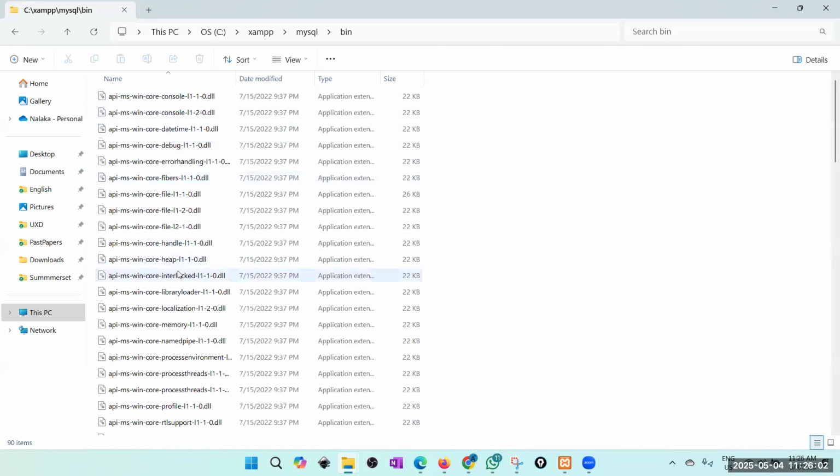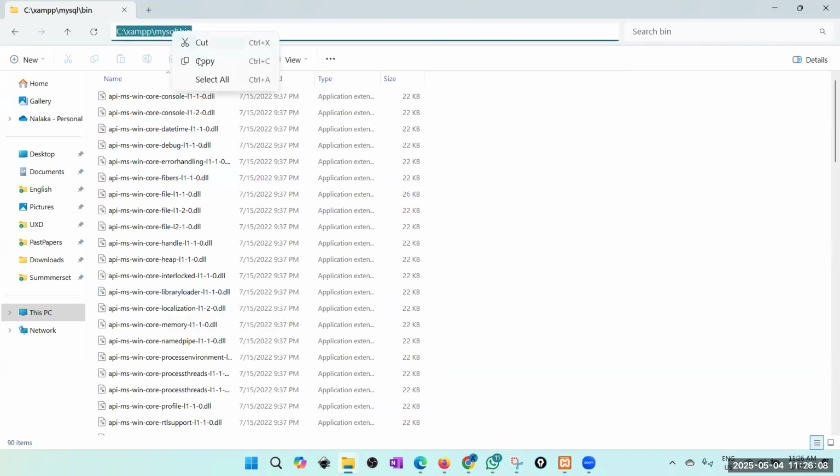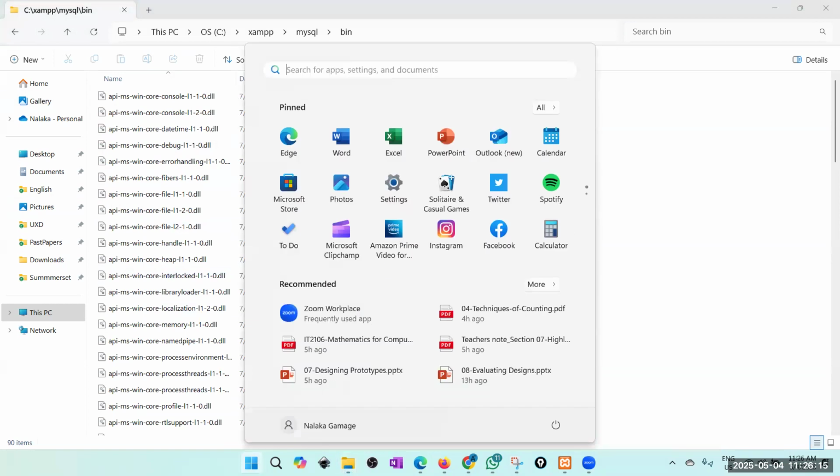If you are connecting to the MySQL database using command line, make sure you add this bin folder to your path variable so that you can run MySQL commands. Just copy the path. You know how to do that because we did that kind of thing in Java also, semester 1.